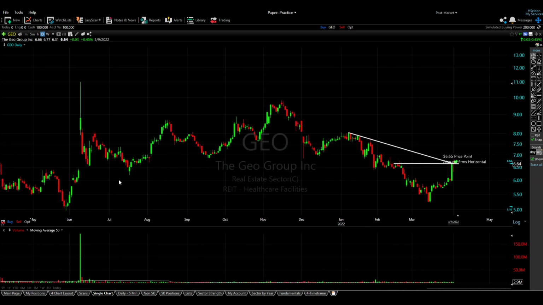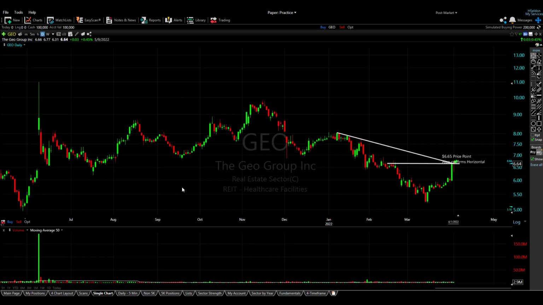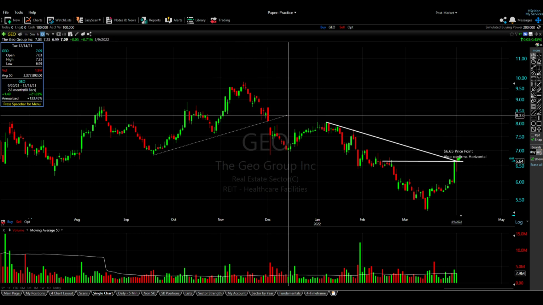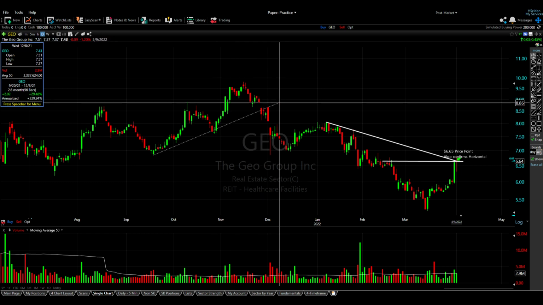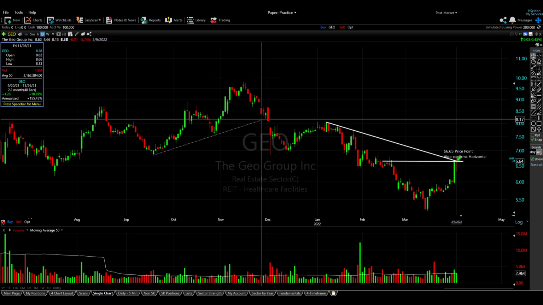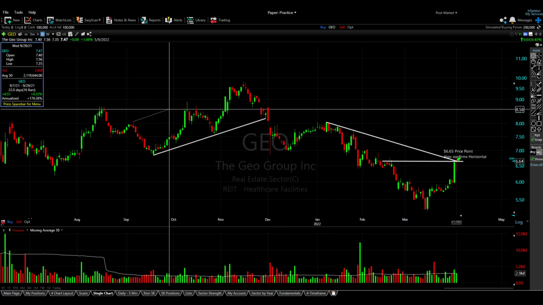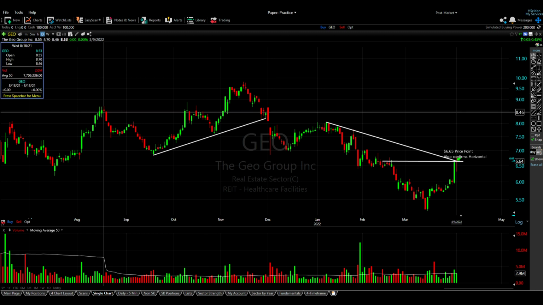And in stocks like Geo, the problem you would have is finding the high volume candles, right, that aren't earnings. So like on Geo here, before we had this drop, you would see probably a price point that is, here is your upper bound on Geo, right through there. And then lower bound, sorry. Here is your, nope.